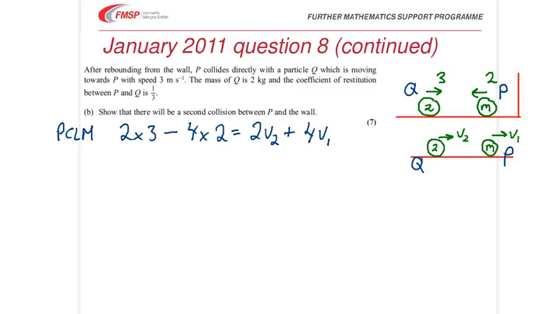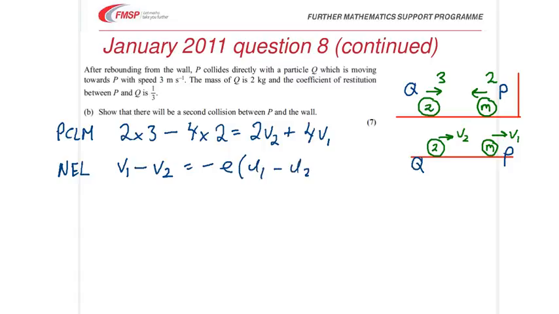And we've also got Newton's experimental law, or the law of restitution, you may call it. And that says that v1 minus v2, let's do it in that order, which is the relative speeds of P and Q after impact, is minus e times u1 minus u2.